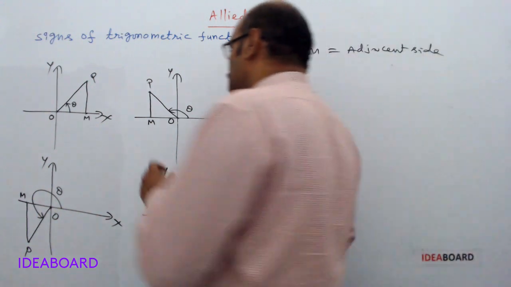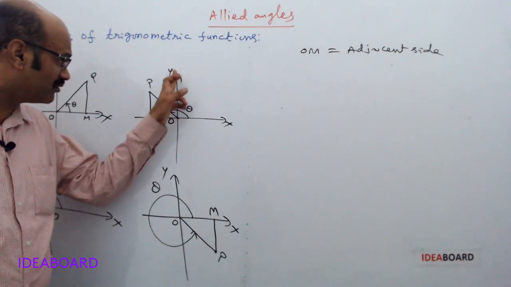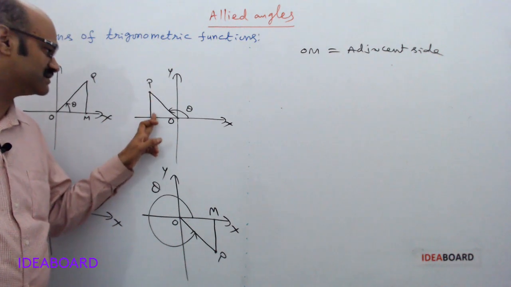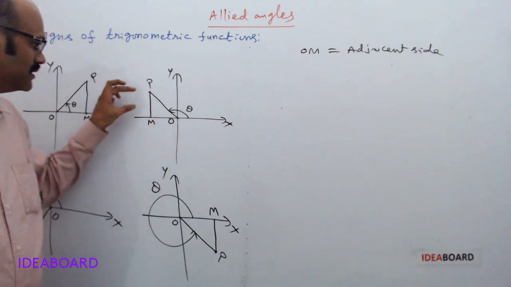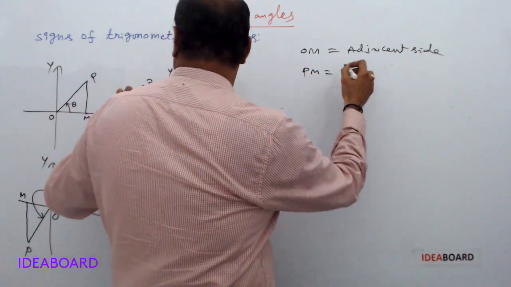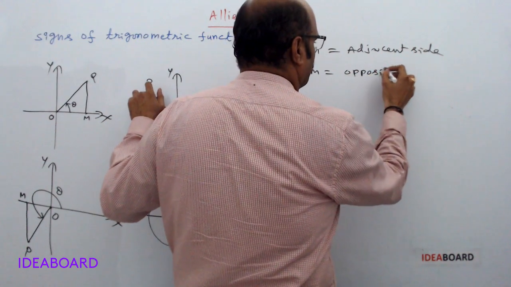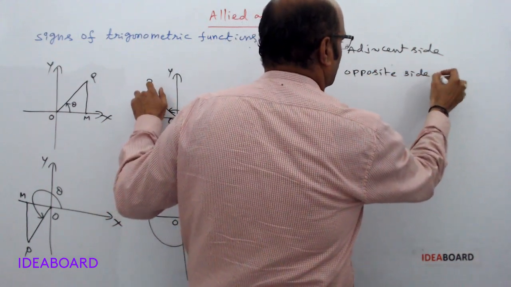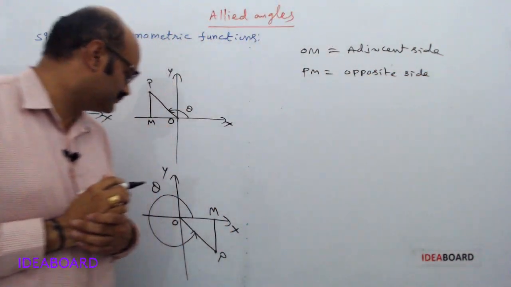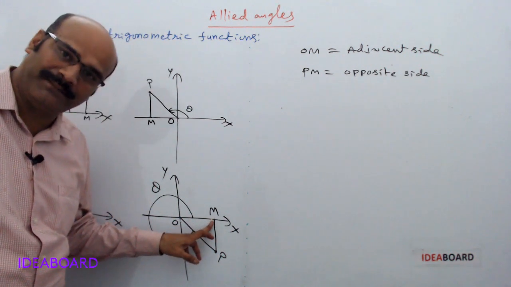Next, the line along the y-axis, that is PM, is called the opposite side to the angle theta. Here OM is called the adjacent side or base.